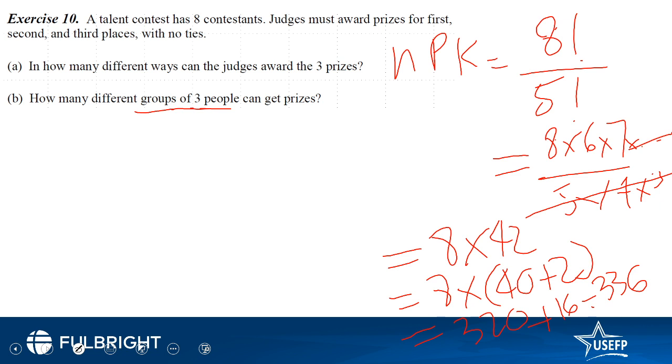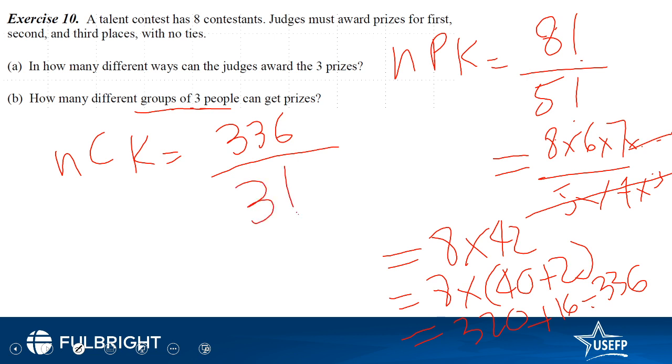So order is not important. So part B is a combination question. So we divide the answer to the first part by k factorial. It comes out to be 56.